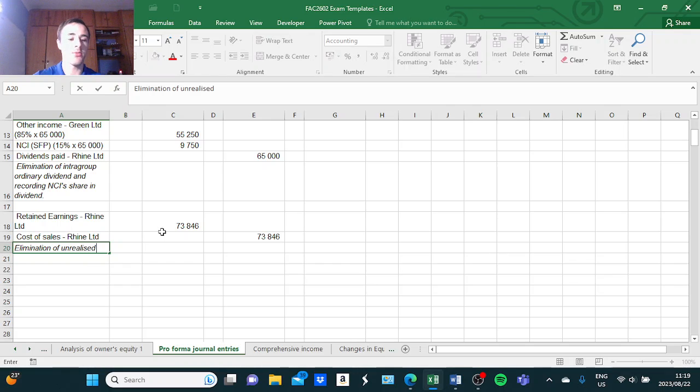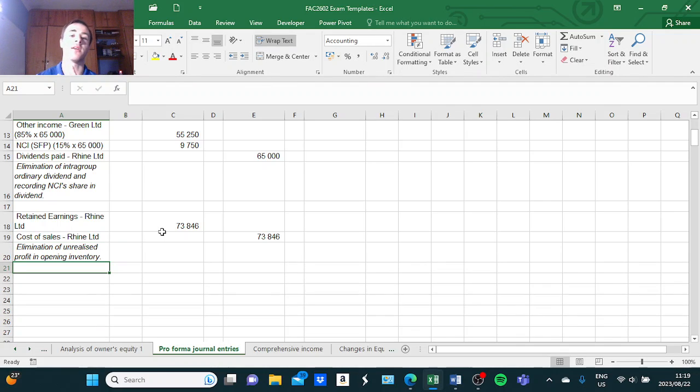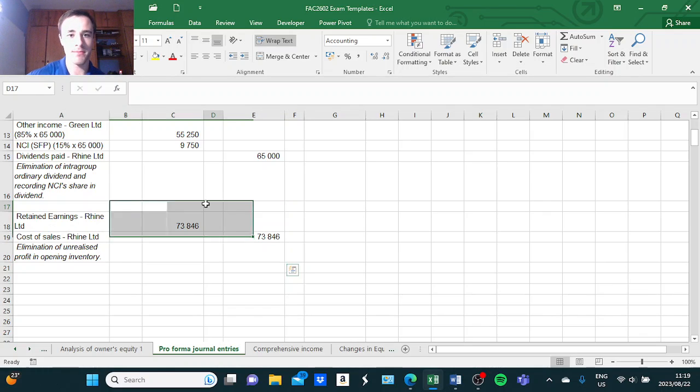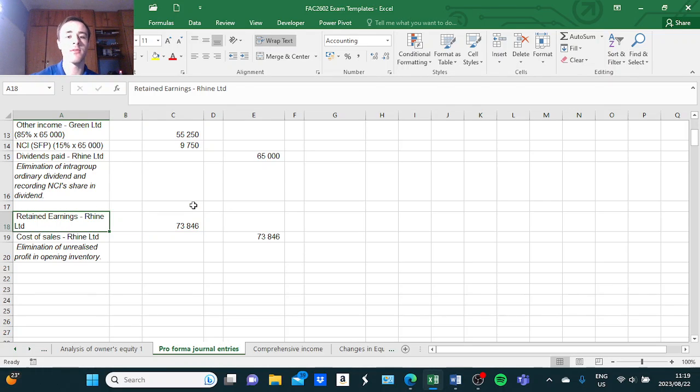Just a quick recap again. We are eliminating the unrealized profit in opening inventory because it forms part of our calculation of the NCI balance. Why? Because the subsidiary's accounts are affected. That is also why we draft this journal entry, to see what adjustments need to be made in this regard. So we are debiting retained earnings for the subsidiary.